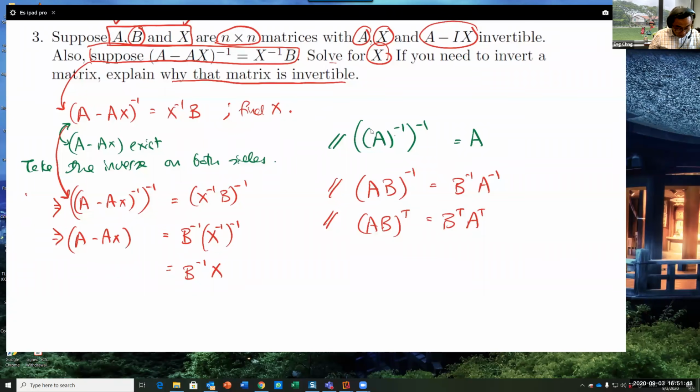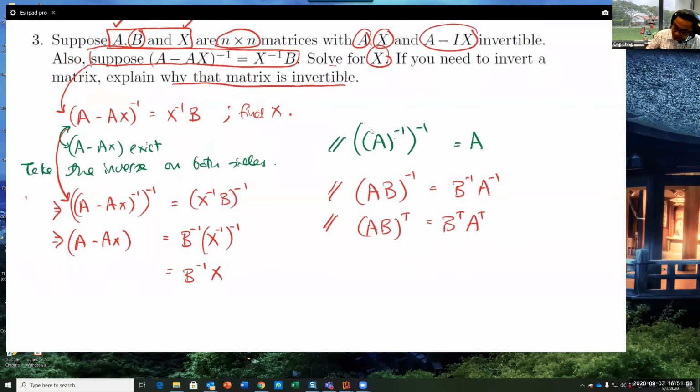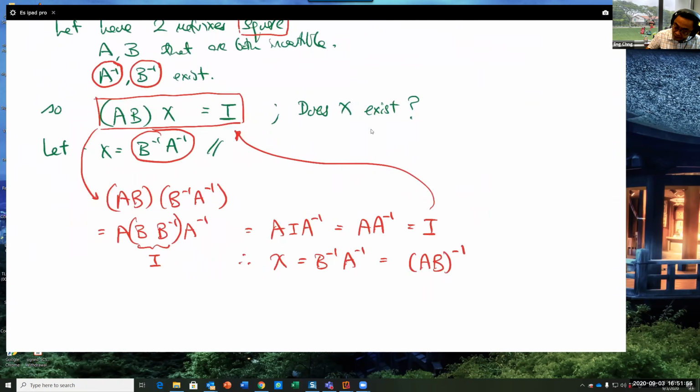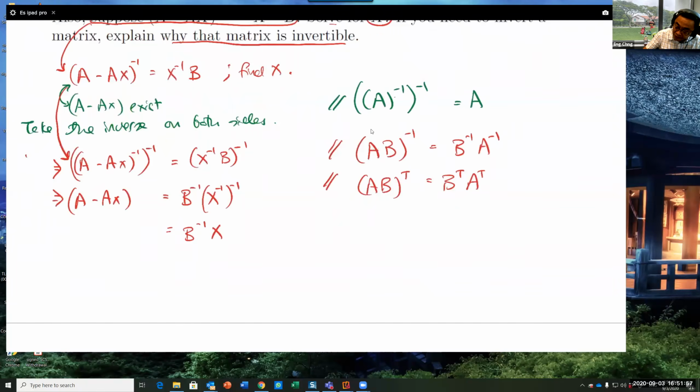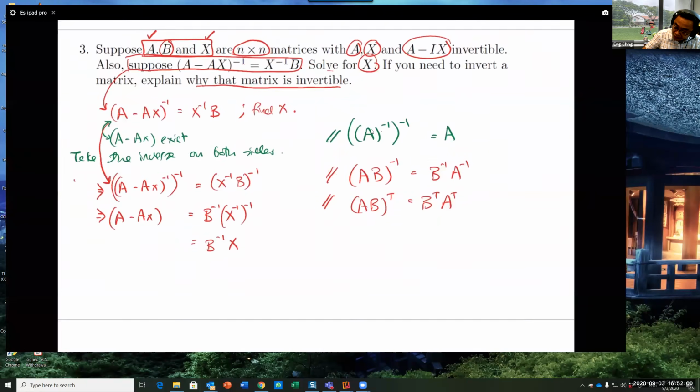Now, of course, here we have a slight problem, because does B minus 1 exist?